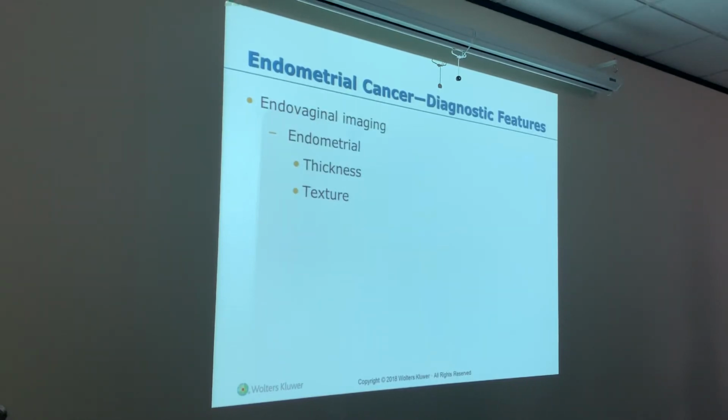So when we look at the endometrium, we're looking to see how thick it is and what is the echogenicity. It should be homogeneous, okay? It should never be heterogeneous.